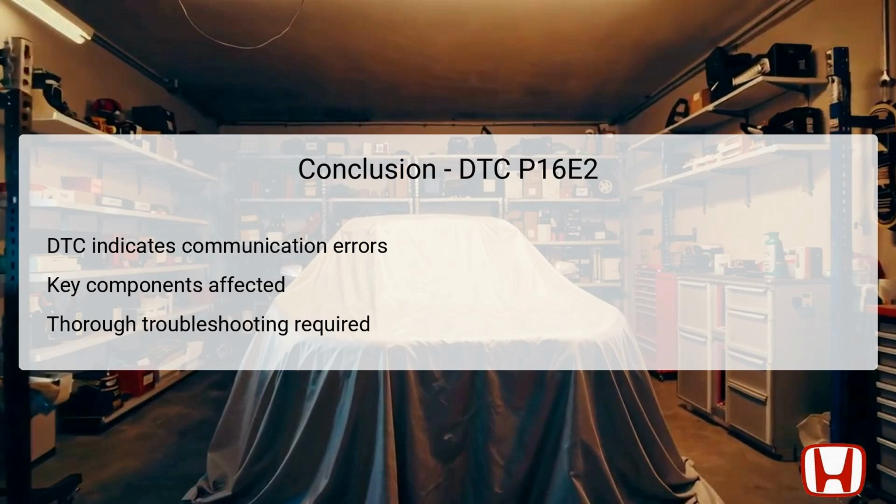Comprehensive and stepwise troubleshooting is required to precisely diagnose and resolve the underlying communication failures. Successfully addressing these areas can enhance vehicle reliability, operational efficiency, and reduce the likelihood of future DTC events. Adopting preventive maintenance measures further safeguards against similar occurrences, assisting in the long-term health of the vehicle's electrical systems.